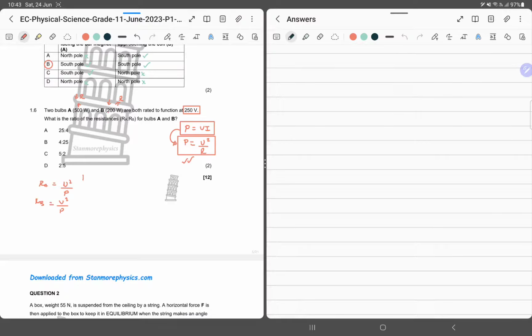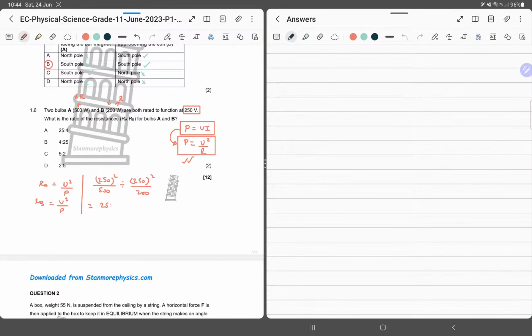Okay, now let's do this calculation right here. We know that RA is going to be V squared, which is 250 squared, over the power, so we're dividing by that. The resistance RB is going to be 250 squared over 200. And in fact, we can say equal sign.